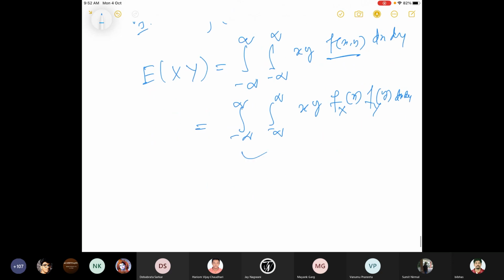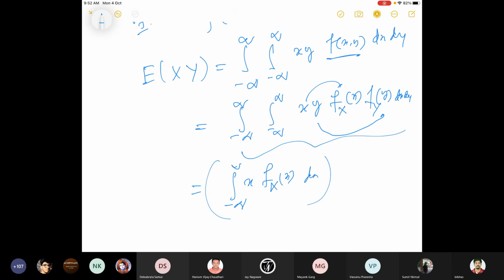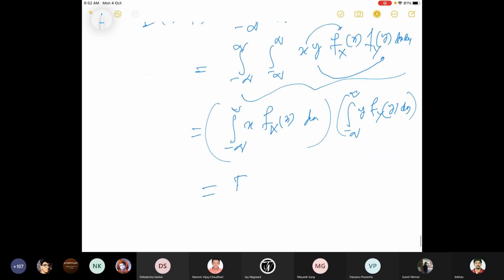And now I can separate the product, because x is independent of y and this is independent of x. This is the integral of x f_X(x) dx times the integral of y f_Y(y) dy. This is nothing but our E of x, and this is nothing but our E of y. So E of x times y, the product moment, is the product of the expectations.